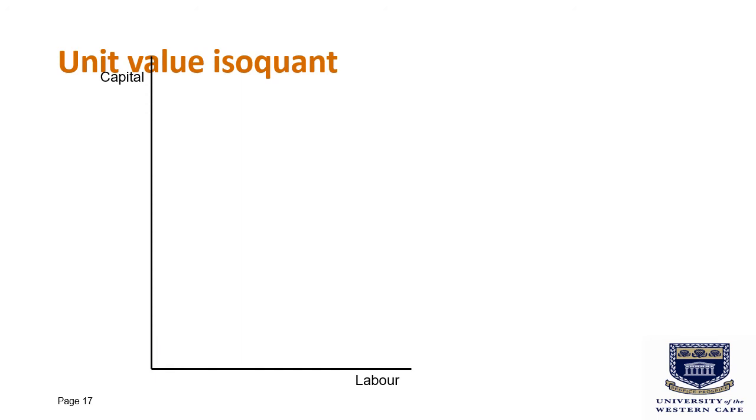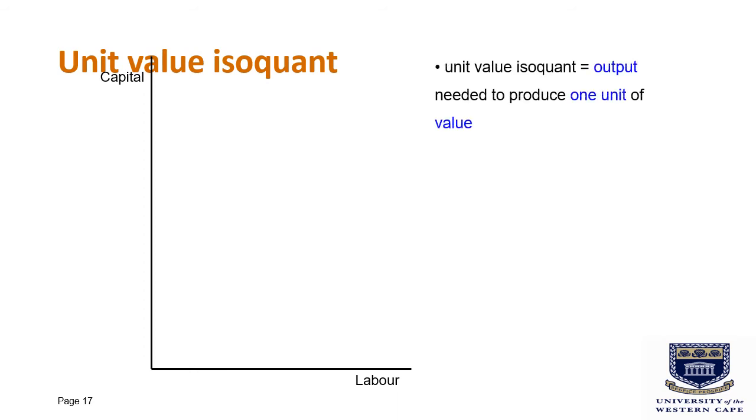So we need to establish what the unit value isoquant is in order for us to refer to it in the Lerner diagrams. By definition, this is not an isoquant, it's called a unit value isoquant. It's the output needed to produce 1 unit of value.